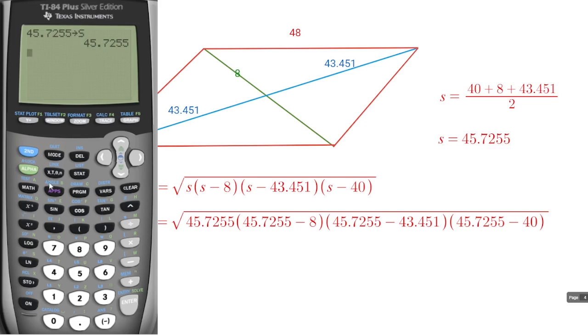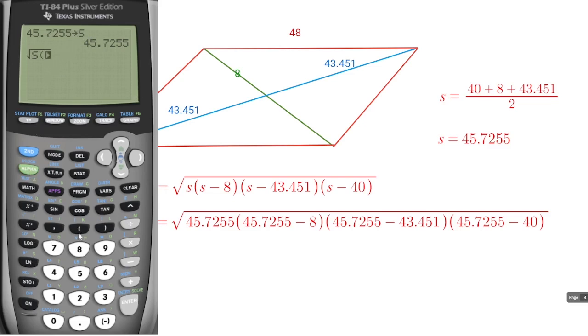It'll make typing this equation a lot easier, because now I'm going to do the square root, and instead of typing in 45.7255, I'm going to hit alpha, natural log again, to get that S. Okay, so that is this number, stored in this variable.